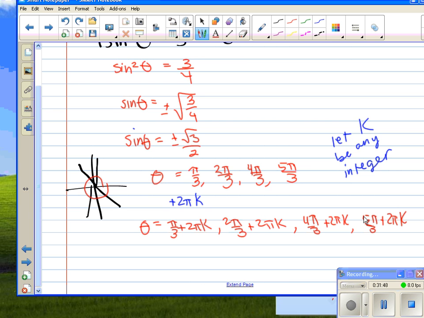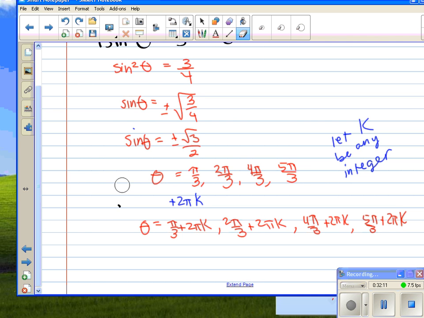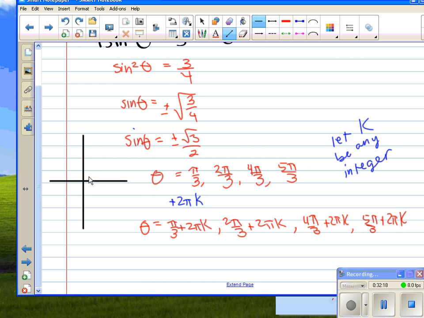Not quite. Because we can make it a little more simplified than that. It's kind of like the period. Same idea. Let me clean this up a little bit. Do you guys see that the values on the unit circle are going to be those guys, and these are the ones that we wanted, right?